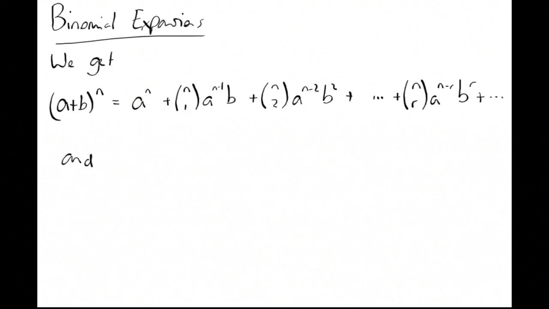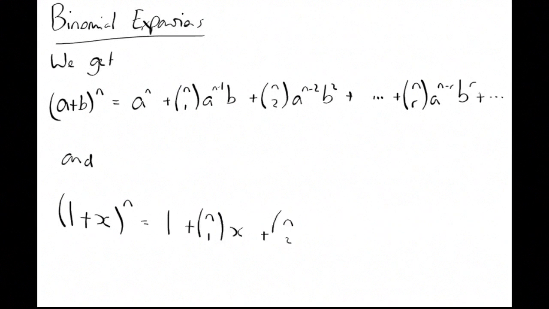In particular, 1 plus x to the n, all the a's being 1, 1 to the power anything is 1. So we can simplify that down to 1 plus n choose 1 x plus n choose 2 x squared plus all the way up to n choose r, x to the r, and so on until the end.